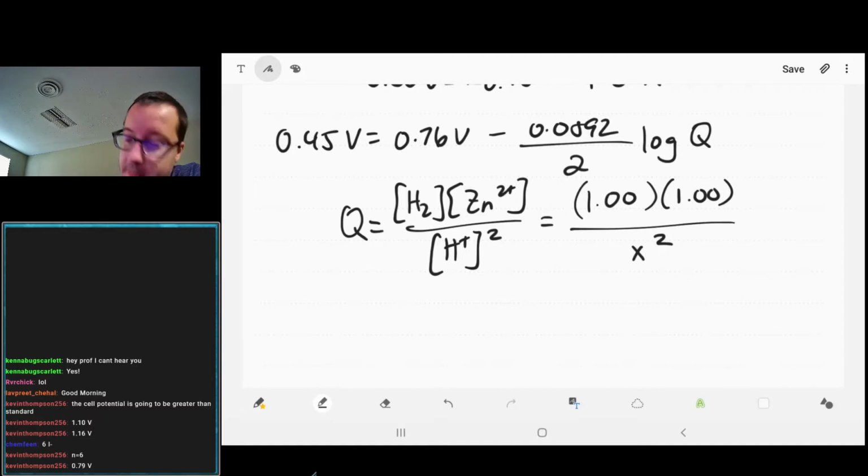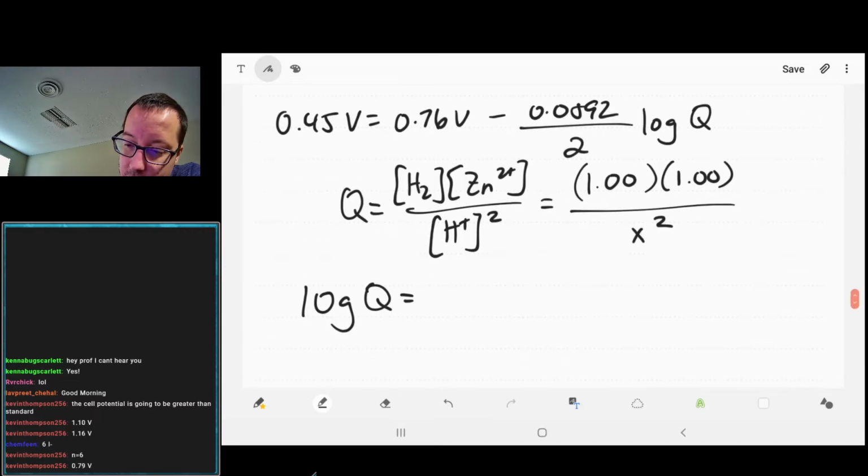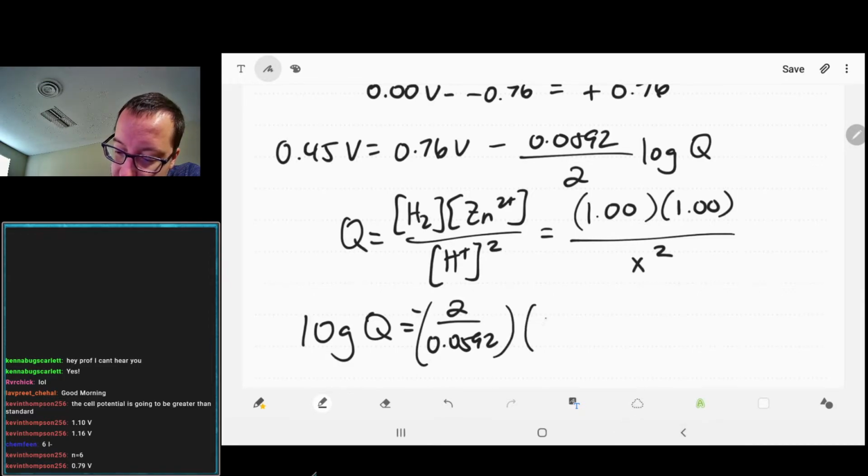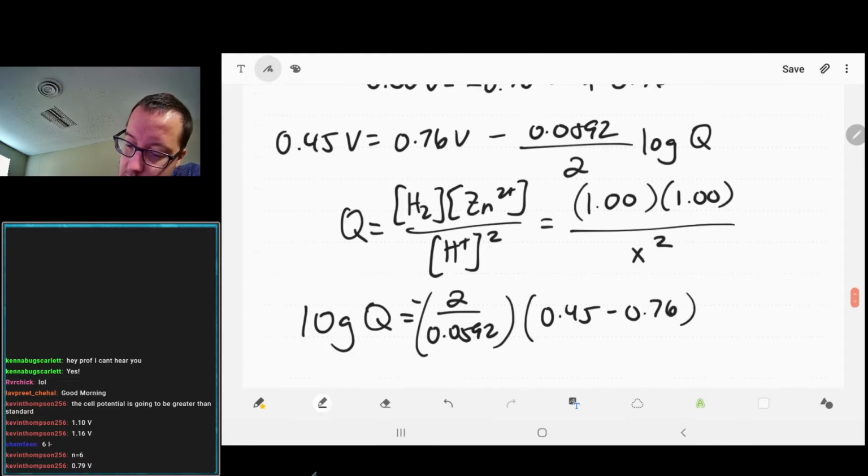Okay, so if we're to solve this equation, log Q will equal negative 2 over 0.0592 times 0.45 minus 0.76.